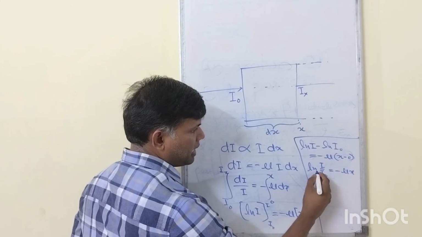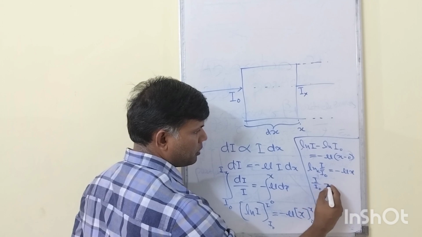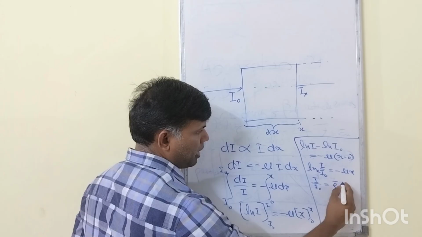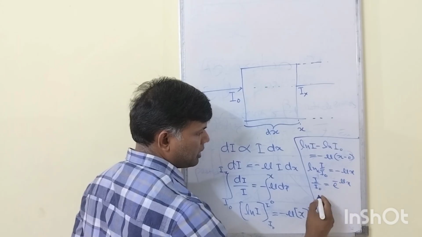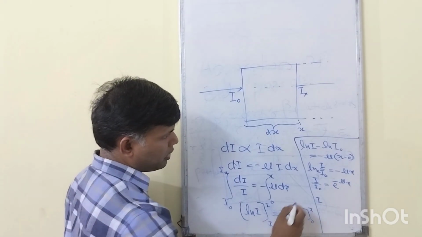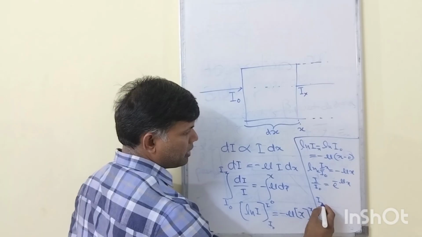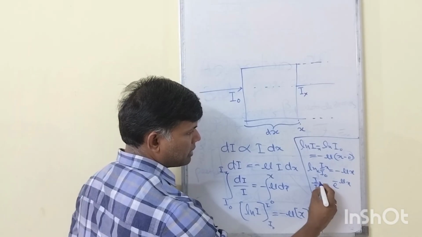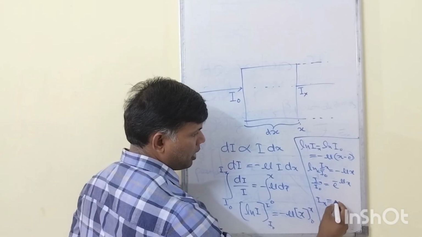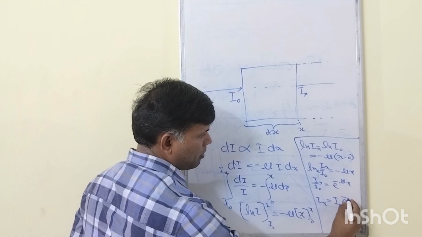The base is e. So I by I0 is equal to e power minus mu x. This I means Ix, the intensity at distance x. So Ix is equal to I0 into e power minus mu x.